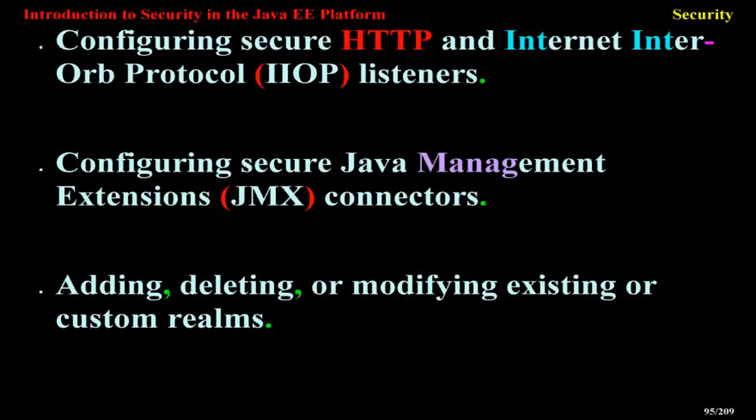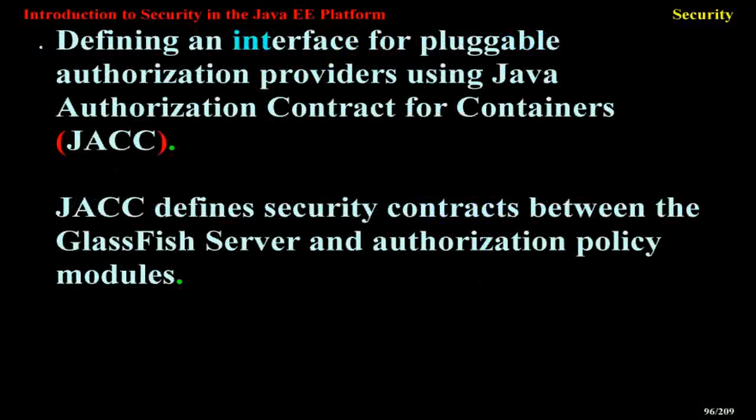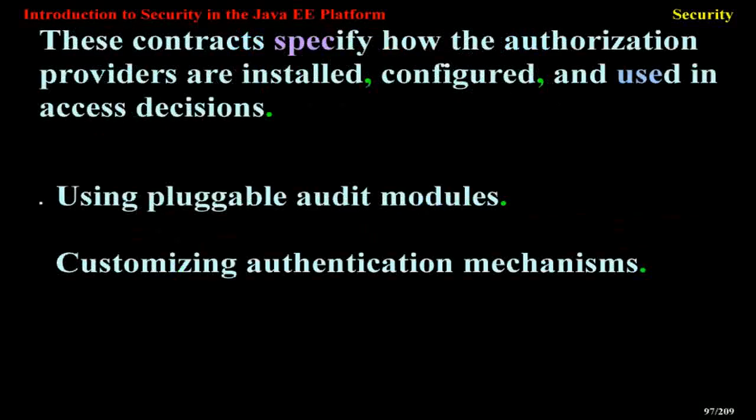Adding, deleting, or modifying existing or custom realms. Defining an interface for pluggable authorization providers using Java Authorization Contract for Containers (JACC). JACC defines security contracts between the GlassFish server and authorization policy modules. These contracts specify how the authorization providers are installed, configured, and used in access decisions. Using pluggable auditing modules.